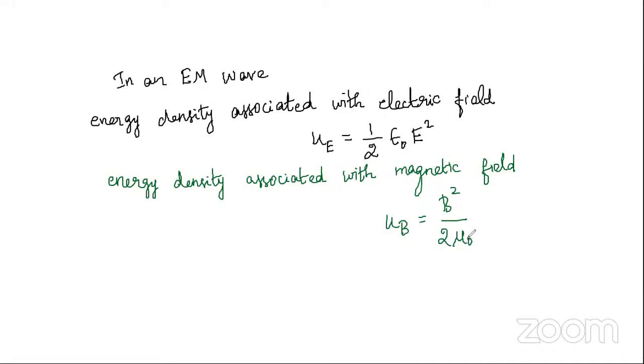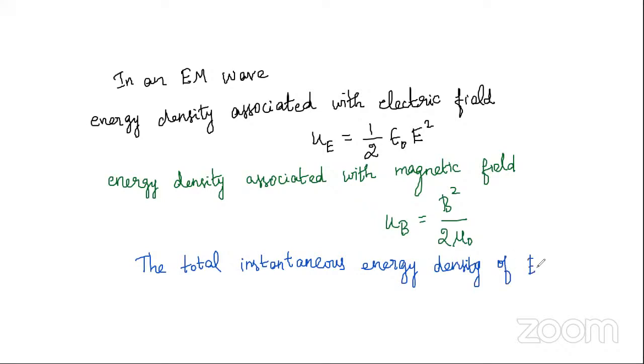And now the total instantaneous energy density of an EM wave is given by U equal to UE plus UB.